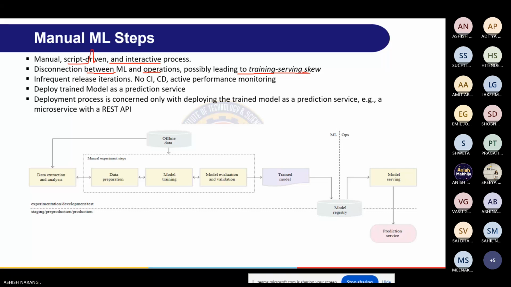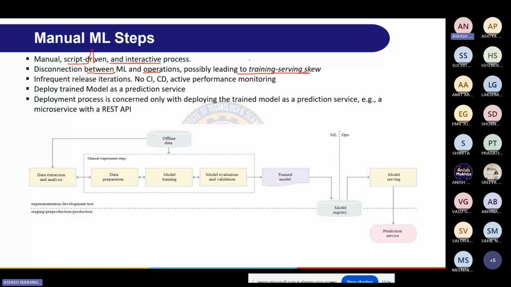In simple words, what we mean by training serving skew is that what a model learned during training differs from the real production conditions, right? That's what training serving skew is. And when this arises, the model will no longer be that effective.